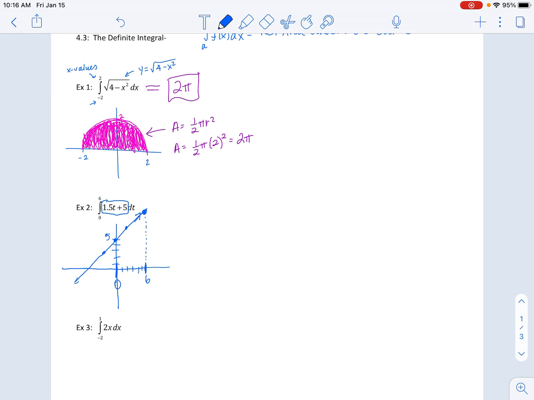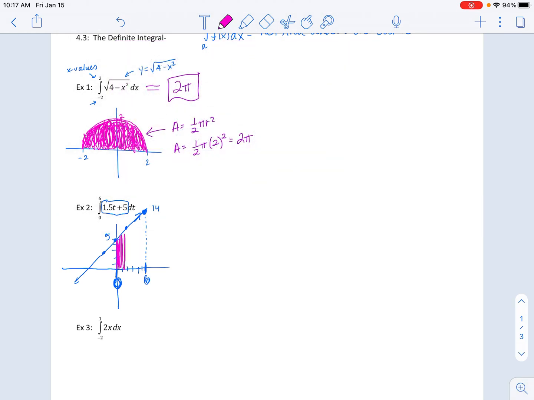We kind of have to know what that goes up to on the function. If I plug in 6 to the function at that moment, I get 14, I think. Let's double check that. 9 plus 5, yeah. So we're talking about between 0 and 6, and the space between the x-axis and the function itself.